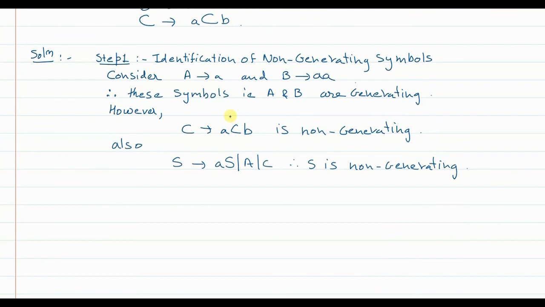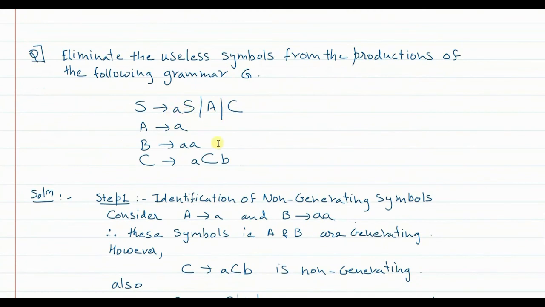Okay, so in step 2, elimination of non-generating symbols. Now in this particular set of productions, whichever production either on its left hand side or on its right hand side has capital C, all those will be removed.